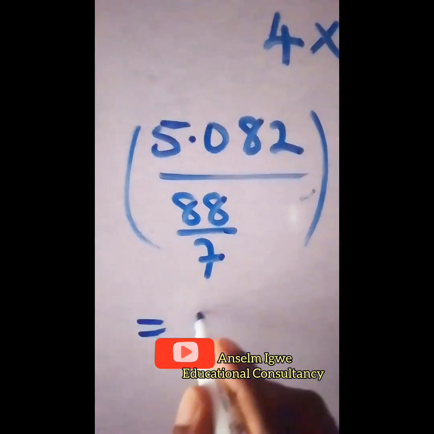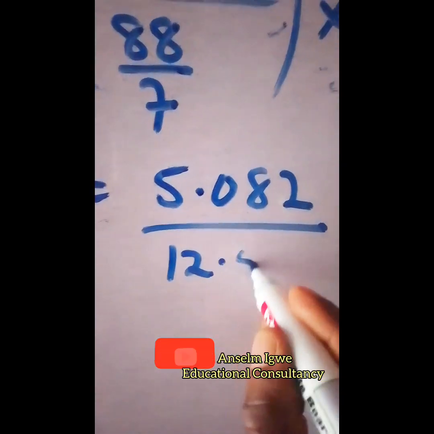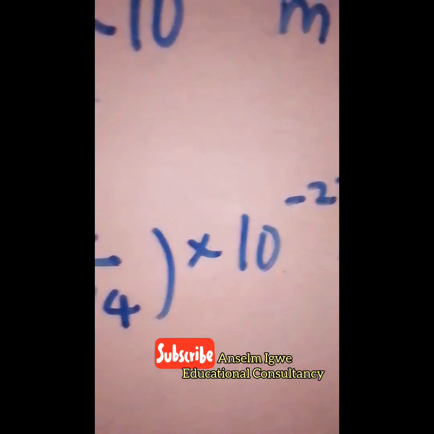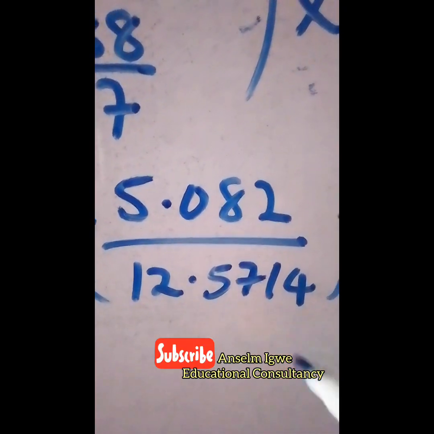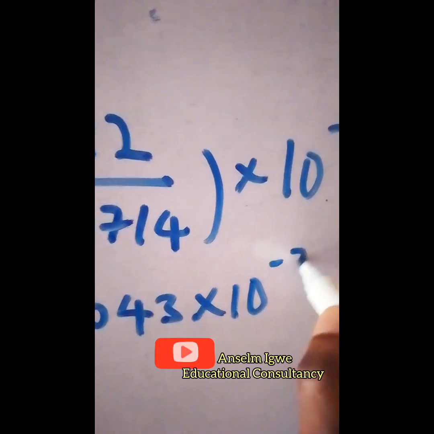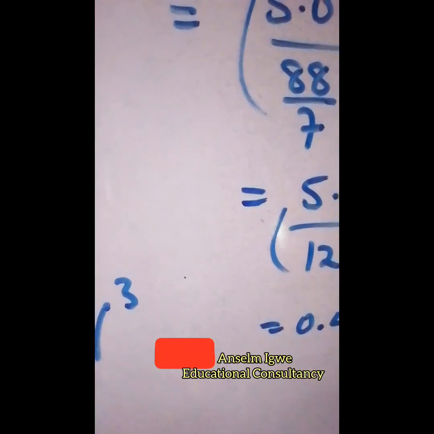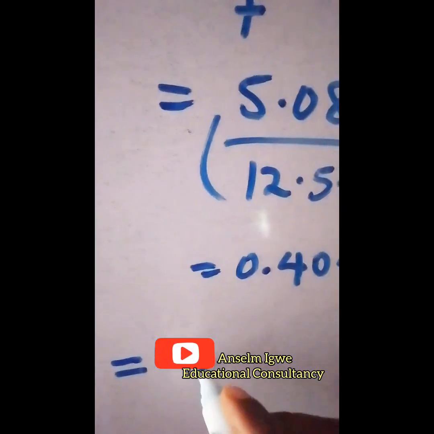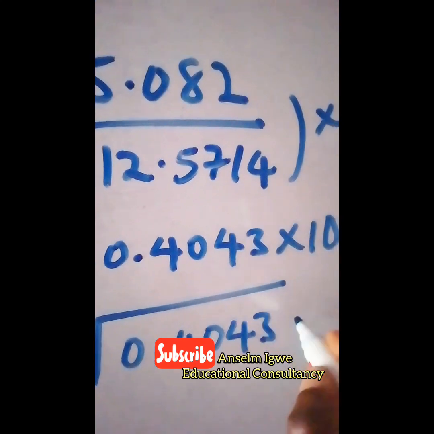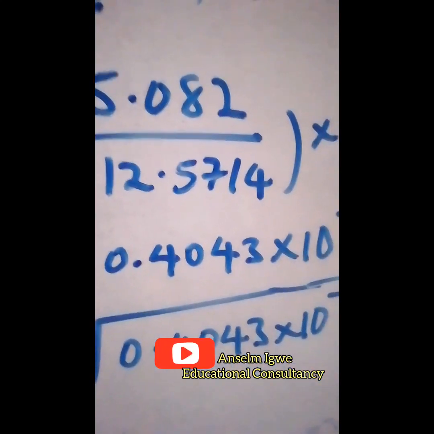So we are going to have 5.082 divided by 12.5714 times 10 raised to the power minus 23 cubic meter, which is 0.4043 times 10 raised to the power minus 23 cubic meter. Now, remember, this is cubic radius. Therefore, only one radius will give us the cube root of 0.4043 times 10 raised to the power minus 23 cubic meter. Remember, it's cube root.